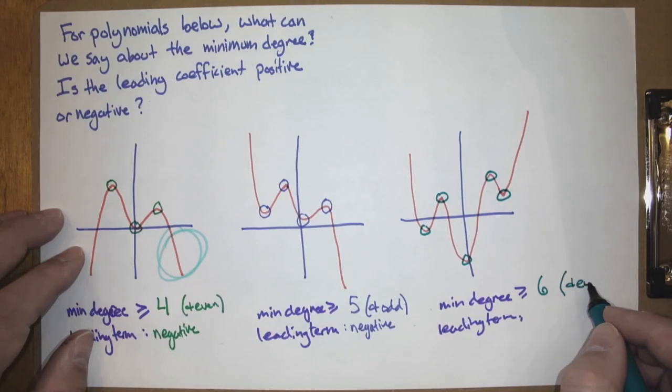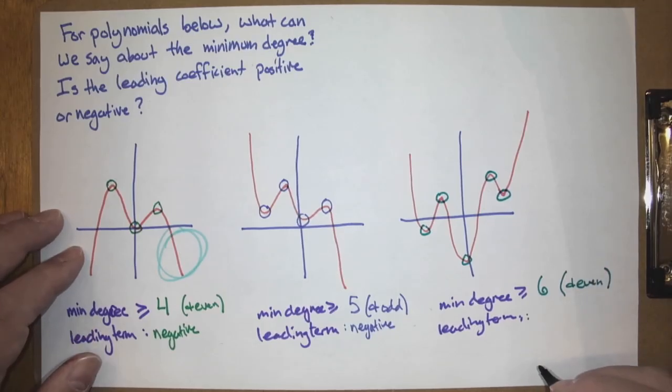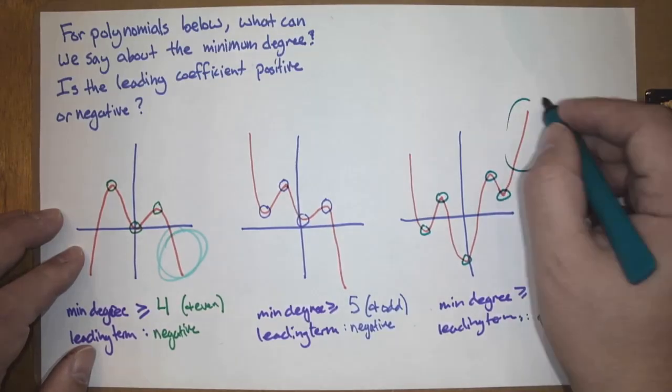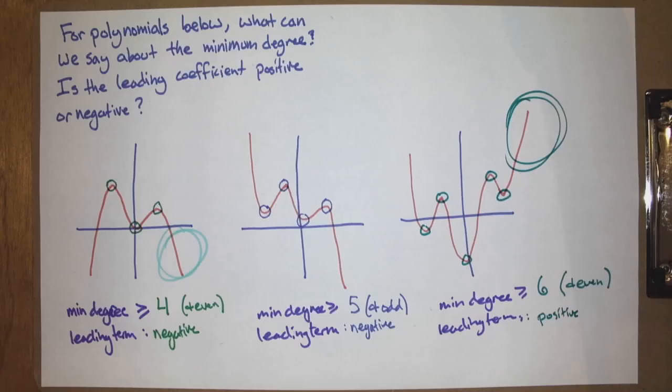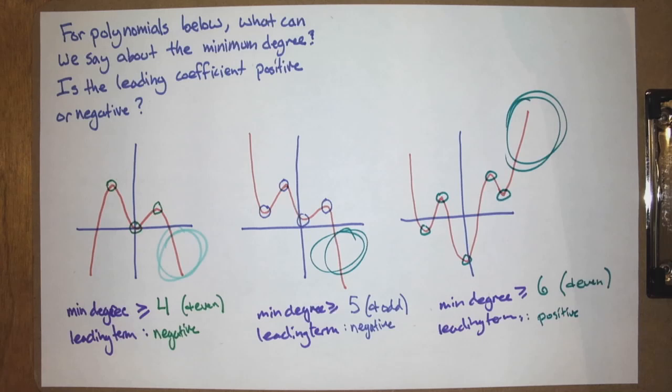So even if it's not 6, we know it definitely has to be an even number. Is the leading term positive or negative? Positive. We look and see what this is doing. It's going up. It's positive. So it's just look at what's happening on the right end. That tells you about the leading term.